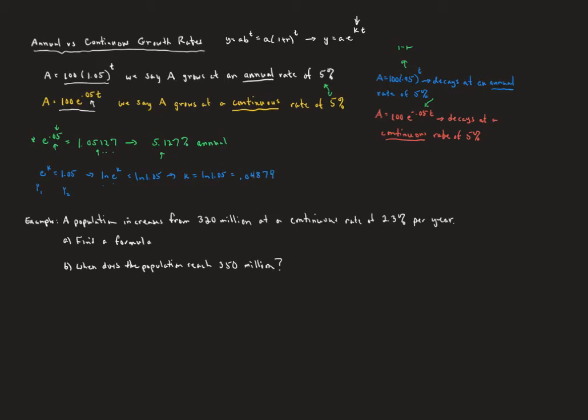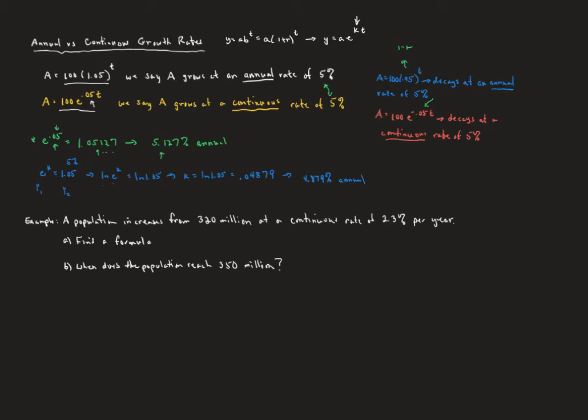And so what we're seeing is that a 5% continuous rate is equivalent to 4.879% annually. That's an annual rate. Okay, so you get a little bit more bang for your buck with the continuous interest, continuous growth rate.